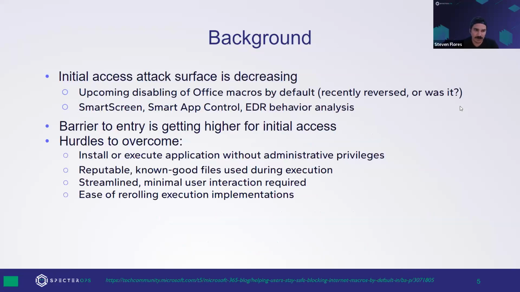So a little bit of background. Initial access attack surfaces are decreasing. Anyone that has done phishing campaigns recently, we have seen that it's becoming more and more increasingly difficult to conduct those. Macros or Office documents have been, for a long time, a very popular avenue of access for performing phishing campaigns.